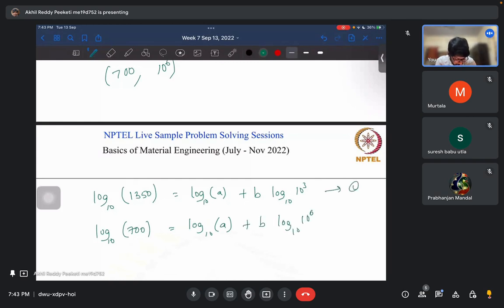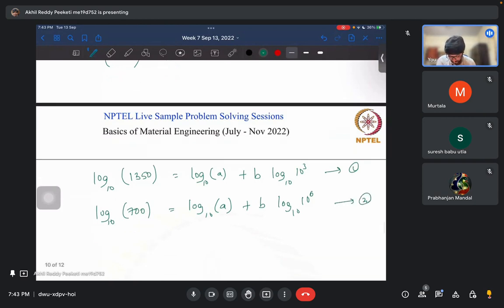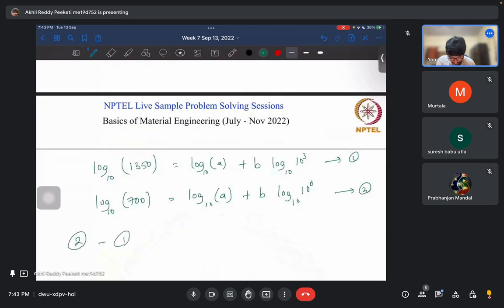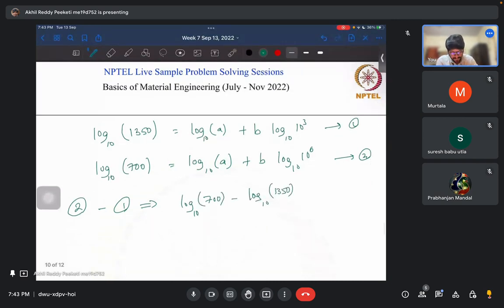This is equation 1, this is equation 2. Now if you subtract equation 1 from equation 2, log 10 of 700 minus log 10 of 1350 is equal to, because log 10 of A cancels, so it's 0, B log 10 of 10 power 6 minus B into log 10 of 10 power 3. Is this clear till here?